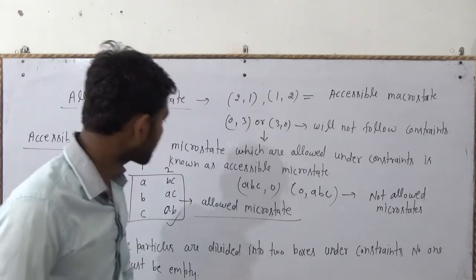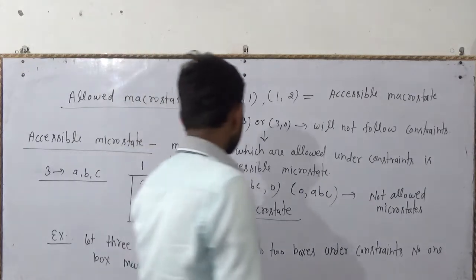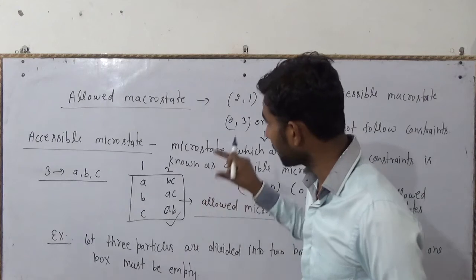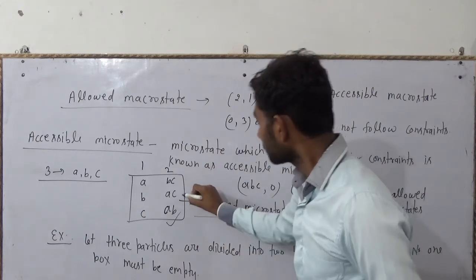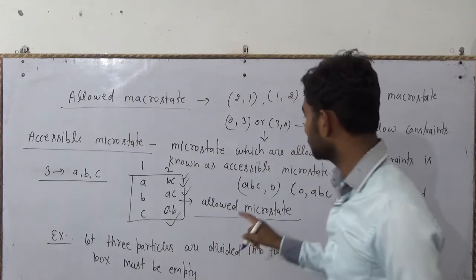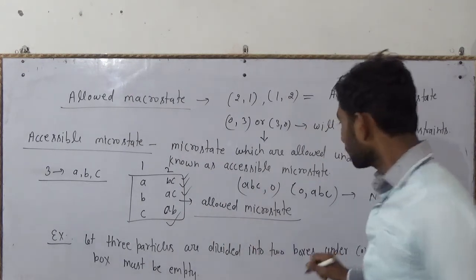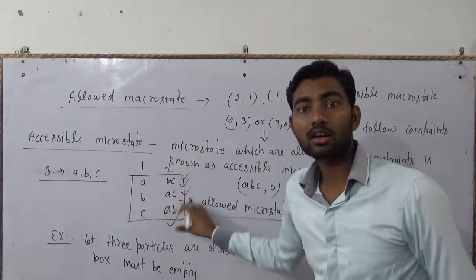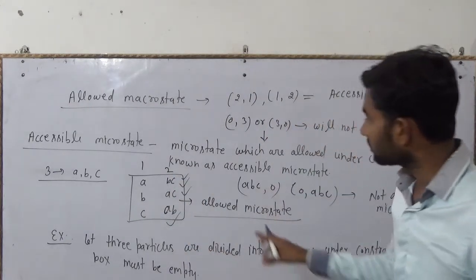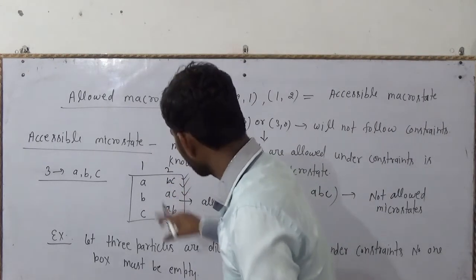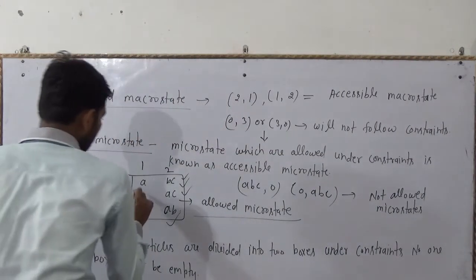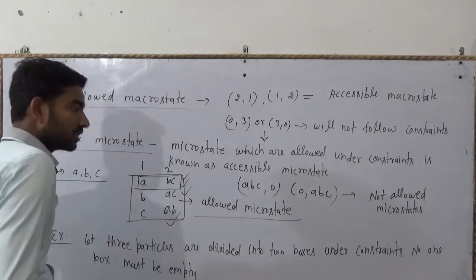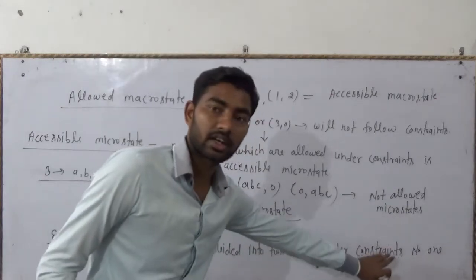But friends, here we have also seen, in the case of accessible microstates, that these are allowed microstates. Why are these microstates allowed? Because they follow this constraint condition.